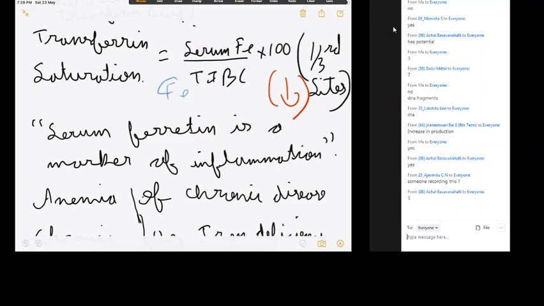How much iron has come out by how much transferrin is there, and if I take a percentage, that will tell me that about one third will be my serum iron. That is why my transferrin saturation, all it says is how much of transferrin is bound to my iron, right? Did you guys get it?